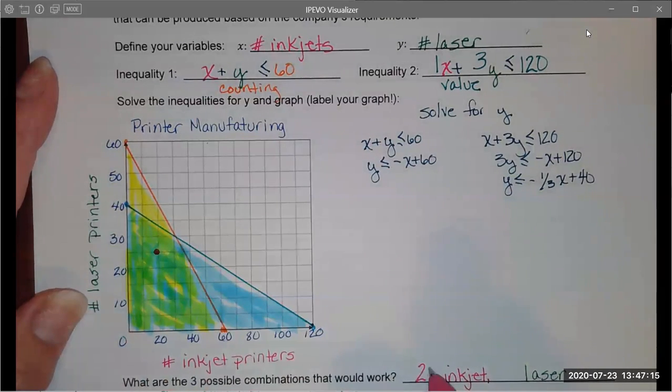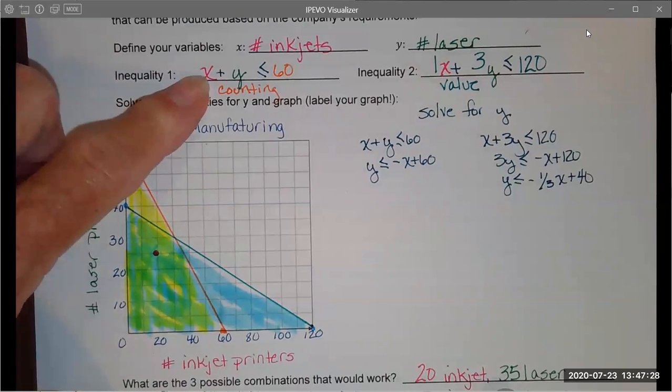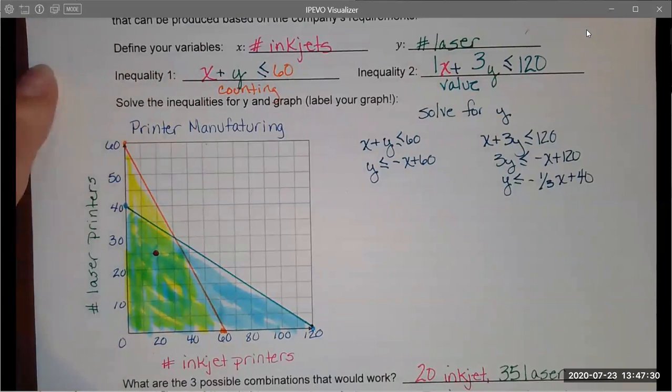So I can make 20 inkjet and I could make 35 laser printers. And when I substitute it into my original inequalities, I'll find that the total number is less than 60 and that the man hours required to build them is less than 120.